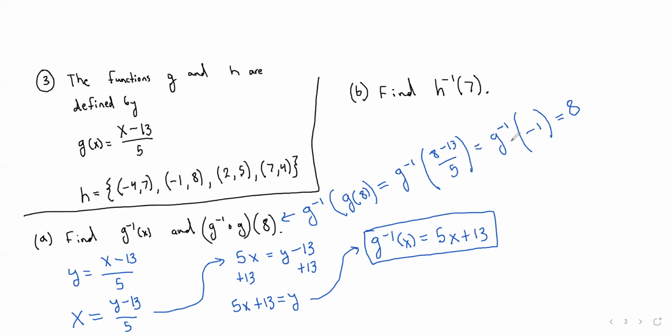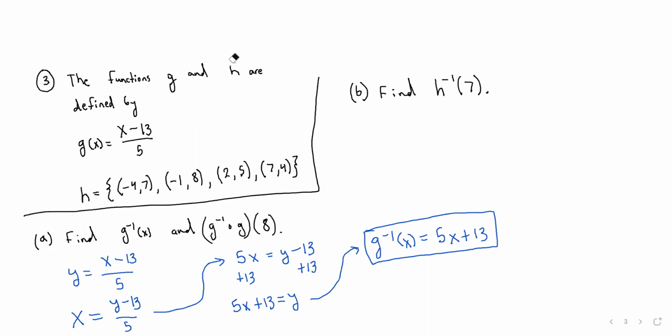So we could have avoided all these calculations and just used the fact that because they're inverses, g inverse of g of 8 would just be 8. So you wouldn't have to do any calculations. I'm going to have to erase this here to make room. So the answer to g inverse of g of 8 is that it's equal to 8.